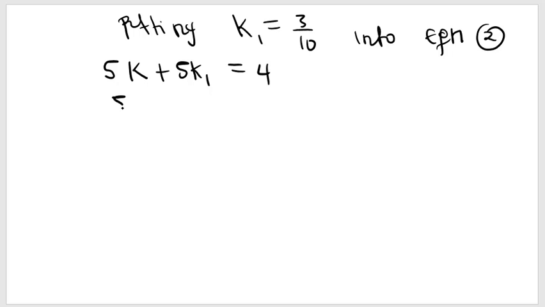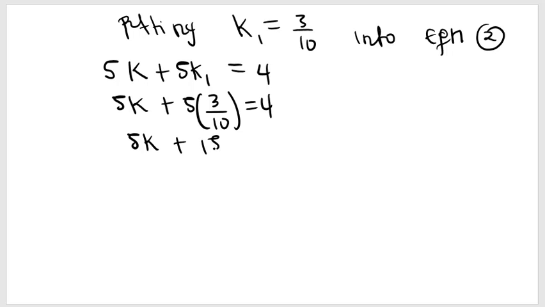So we are going to have our 5k plus 5 multiplying the k1, which becomes 3 over 10, is equal to 4. So in this case, we are going to have our 5k plus 15 over 10 is equal to 4.